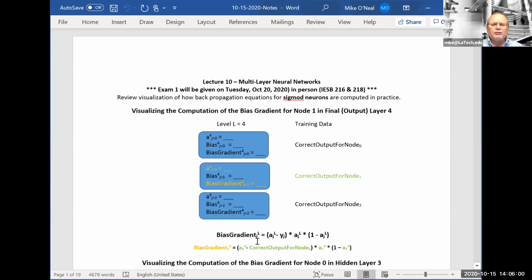So the bias gradient for node j in the last level L is just the output of that node j minus the desired output for that node j, so the difference between what it gives you and what you want, times the output of that node times 1 minus the output of that node. So that's the error, the bias gradient for, in this case, the jth node of the last level, level 4 here.